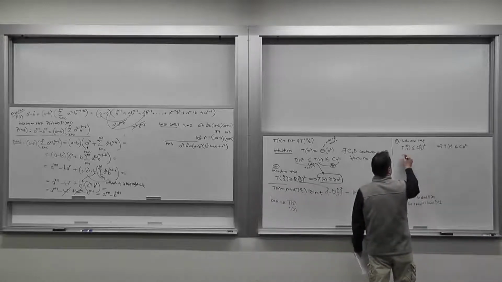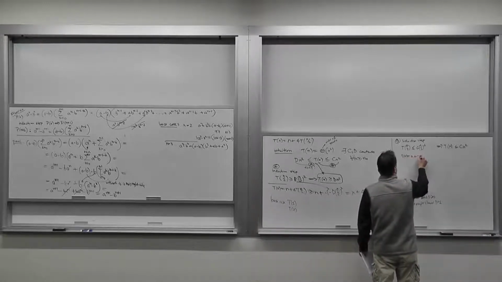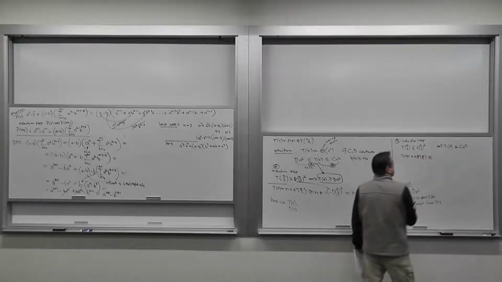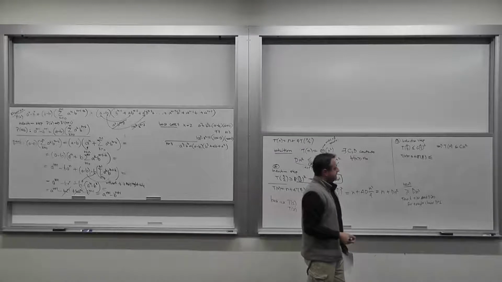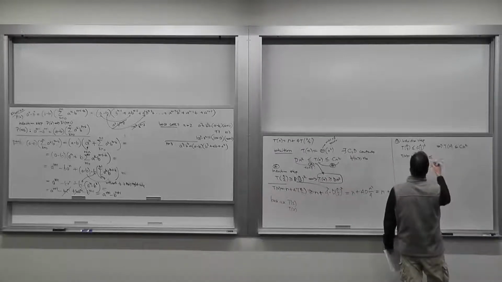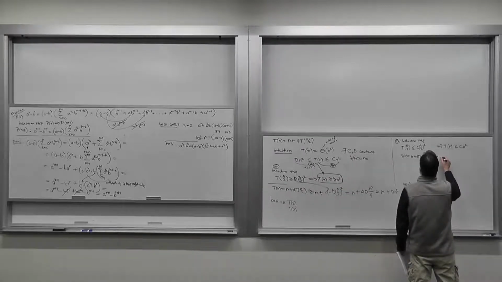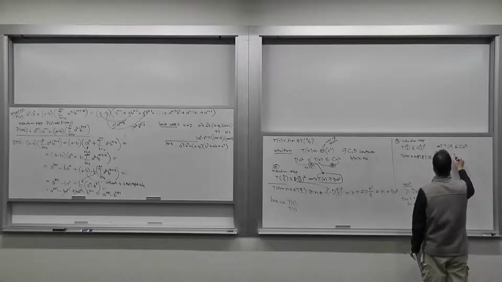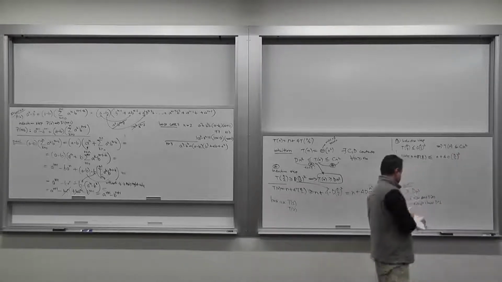I'm going to say, well, T of n is n plus 4T of n by 2. I would apply the induction hypothesis here, this one. So it's n plus 4 times c times n by 2 squared. Is that right?